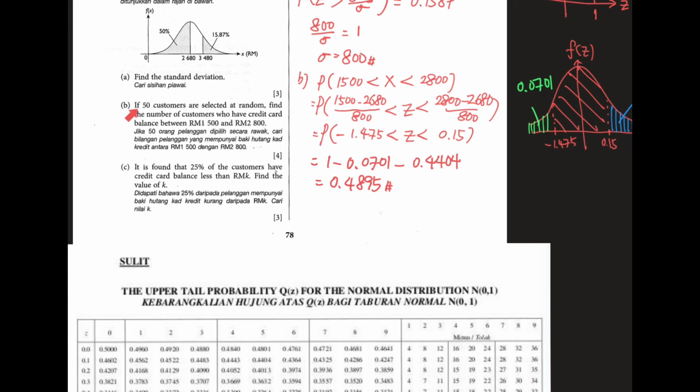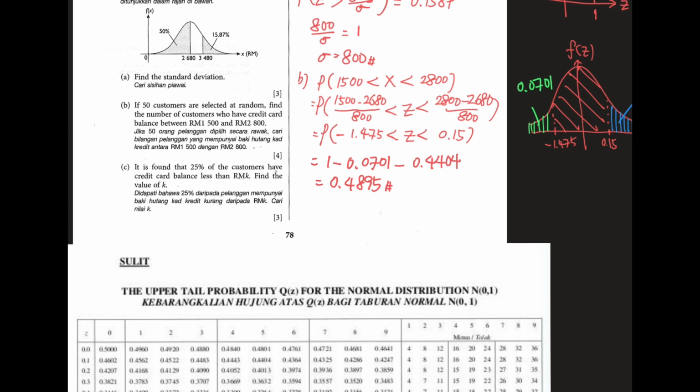Now look at the question again. We are not just looking for probability. What they ask is, if 50 customers are selected at random, find the number of customers who have credit card balance between 2005 and 2008. Number of customers. This is like a percentage, 48.95%.